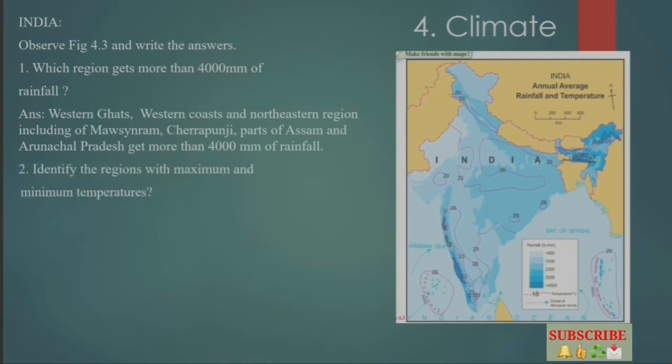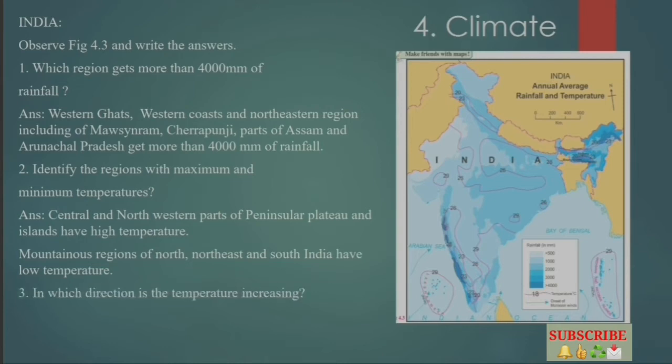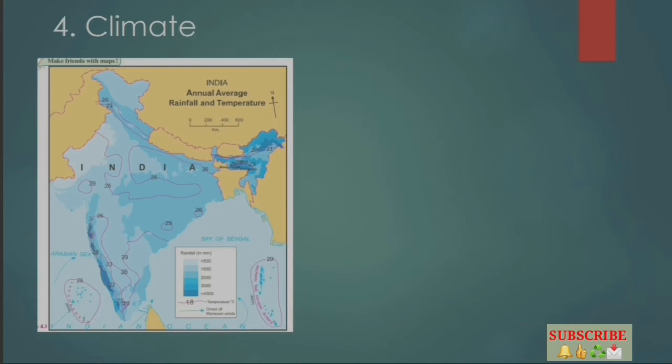Second, identify the regions with maximum and minimum temperatures. The answer is the central and northwestern part of the Peninsula Plateau and islands have high temperature. Mountainous regions of north, northeast and South India have low temperature. Third question: in which direction is the temperature increasing? Answer: the temperature is increasing towards the south of India.